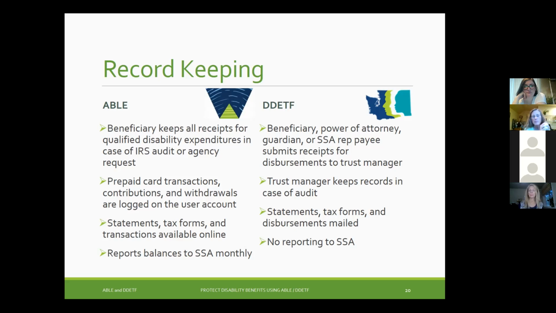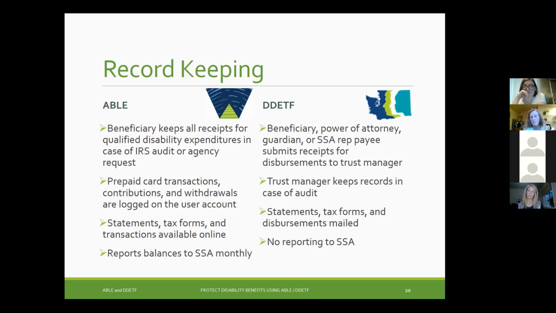So the DD endowment, we're paper-based, so all the paperwork that you've sent in for disbursements and so on, we keep in our files. Should Social Security or a DDA case manager want proof of that activity and you can no longer find it in your records, you can give us a call, because we should still have it.